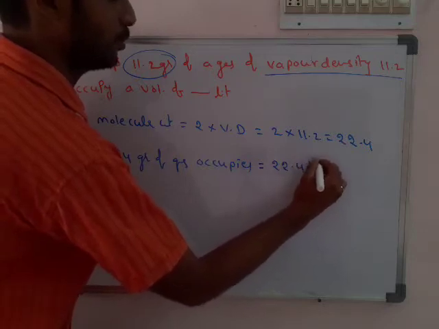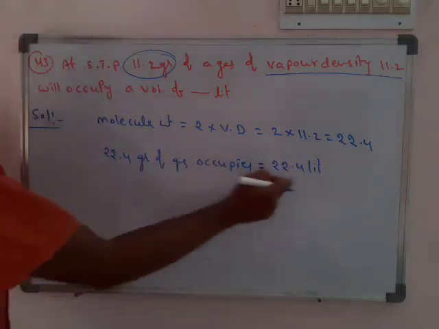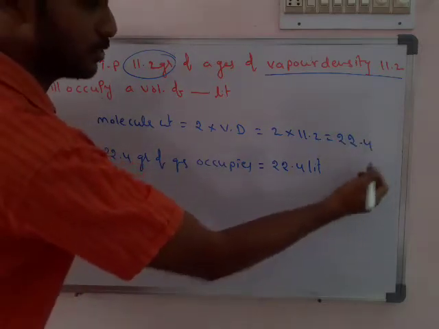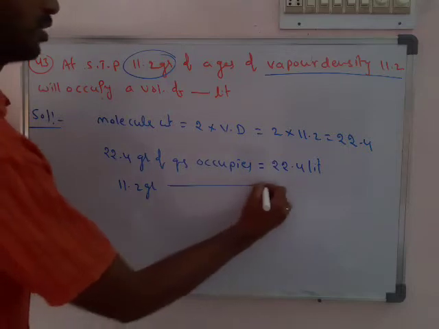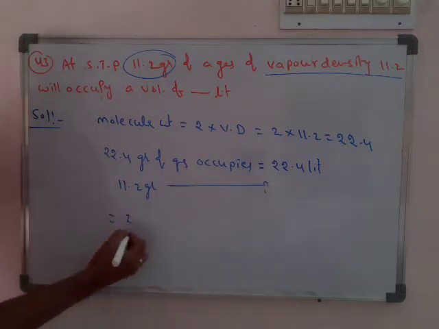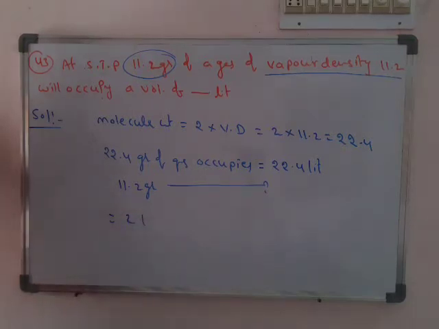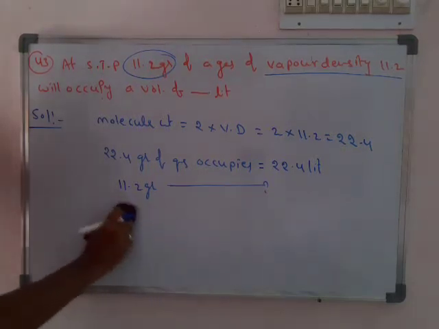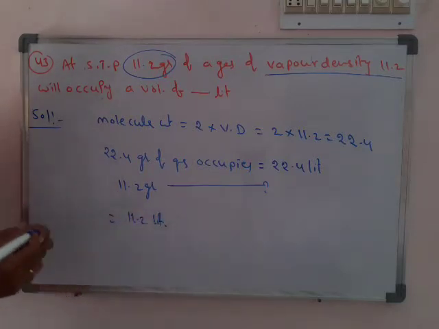That is 22.4 liters, according to the general formula. Here the molecular weight is 22.4. So then what about 11.2 grams, how much does it occupy? It also occupies 11.2 liters.